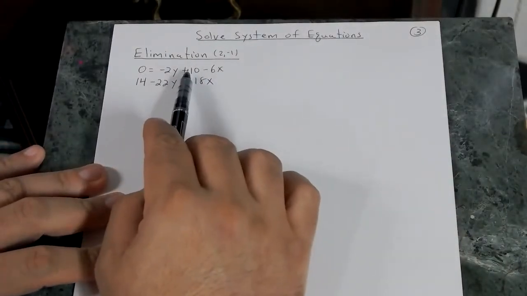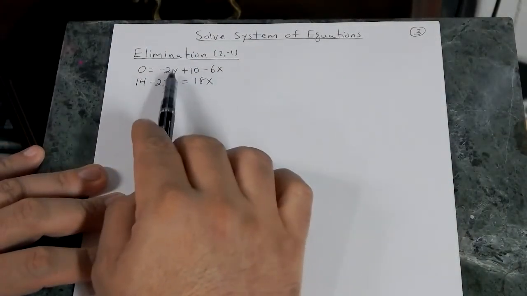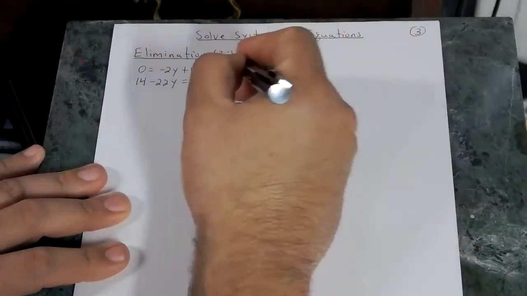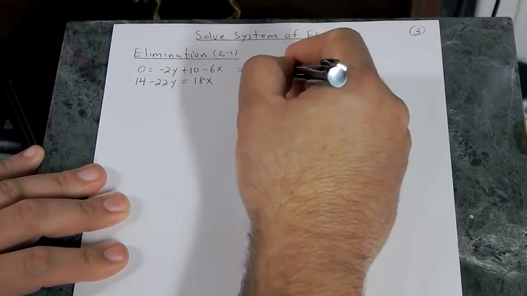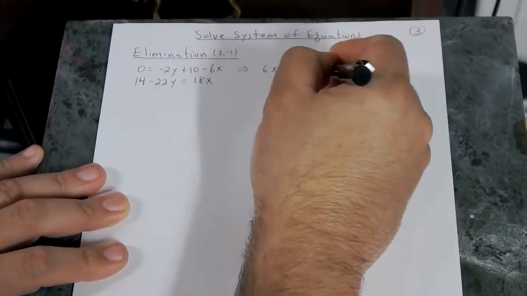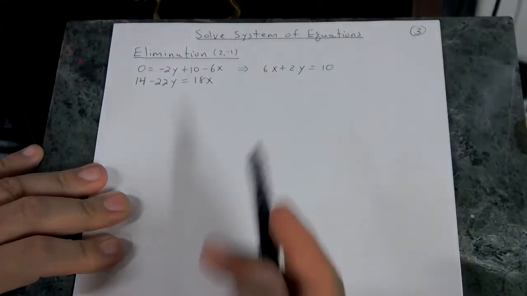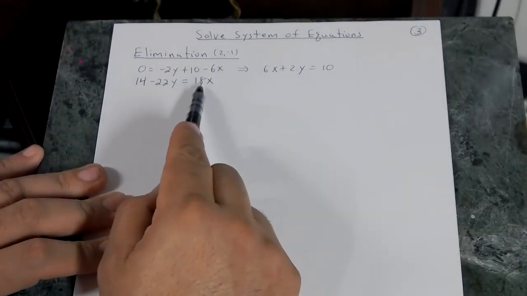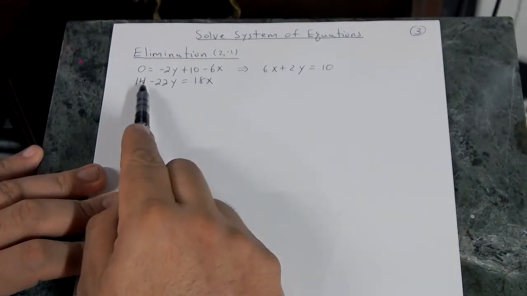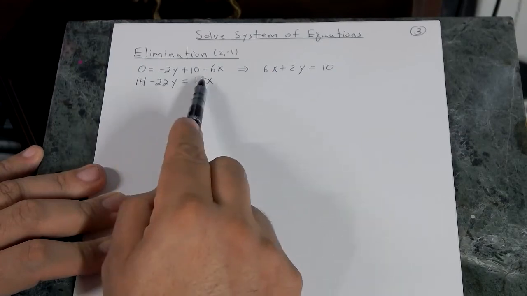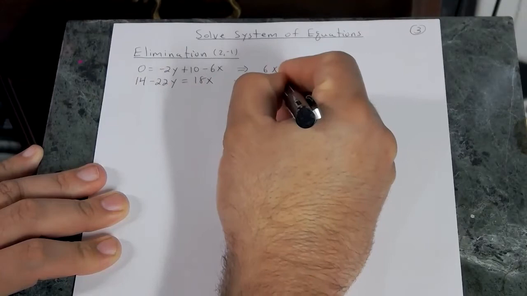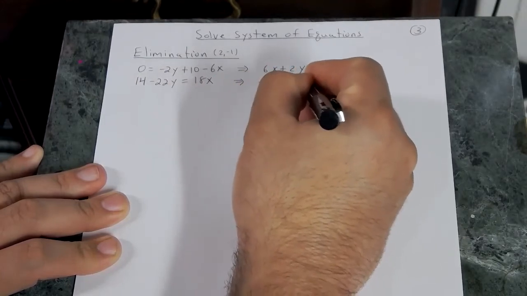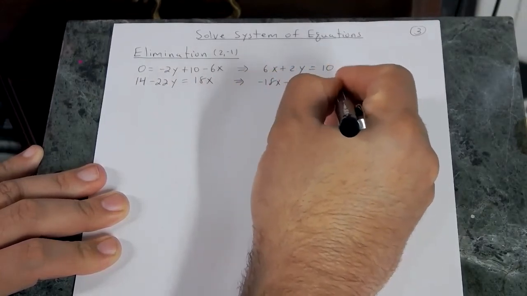No. I can take this x and this y to the other side, and that gives me 6x plus 2y equaling 10. How about here? Nope, I have to take this 18x to the other side, and this 14 to this other side. So I end up with negative 18x minus 22y equals negative 14.